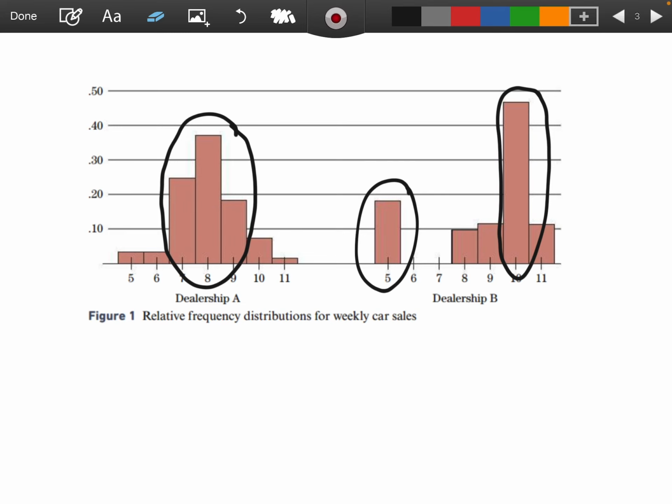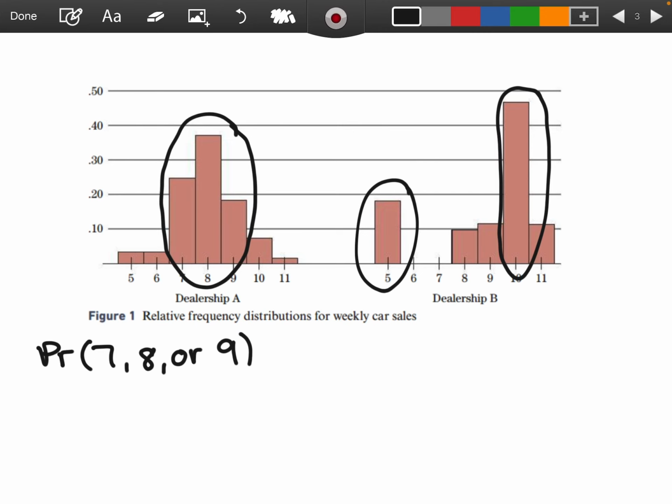Let's say I want to figure out, for each dealership, the probability of having 7, 8, or 9 sales in a week.